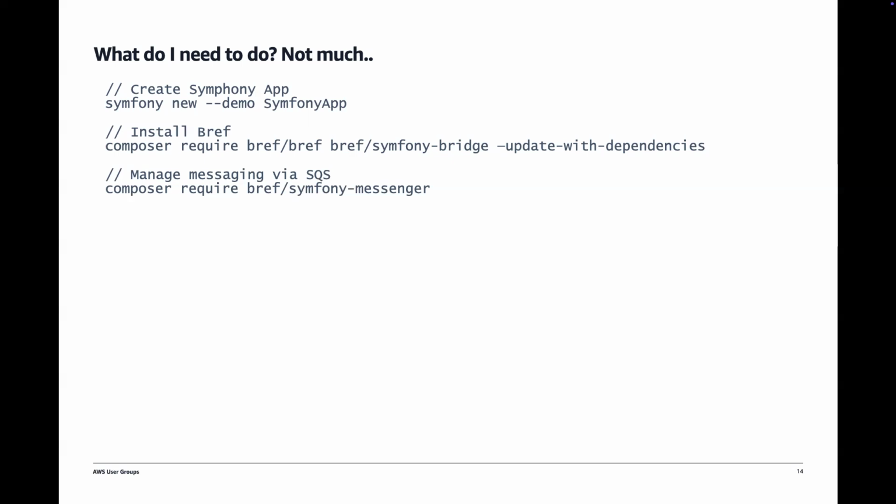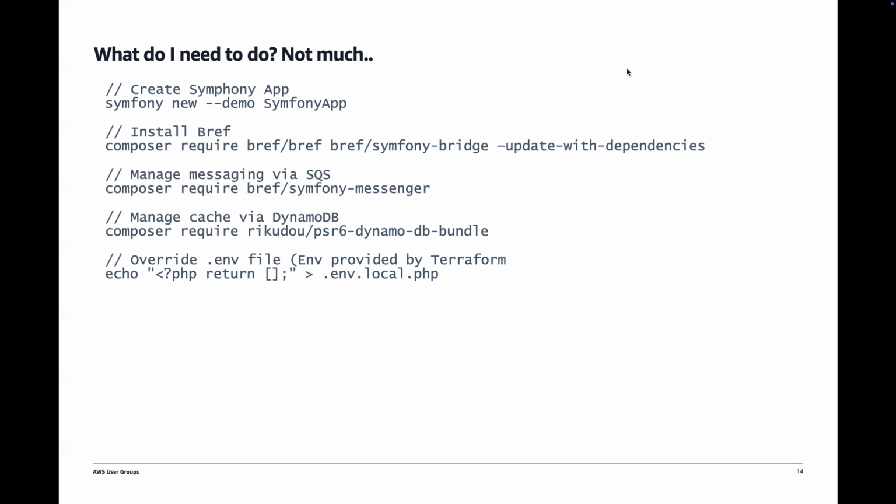Symfony has a component for that called Messenger, and it has an adapter for Bref to work well. And if you want to manage cache for your application, you can use DynamoDB. So you can import this library also to manage the cache in DynamoDB.